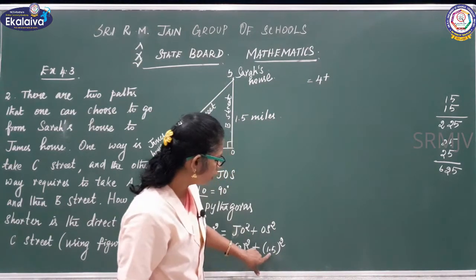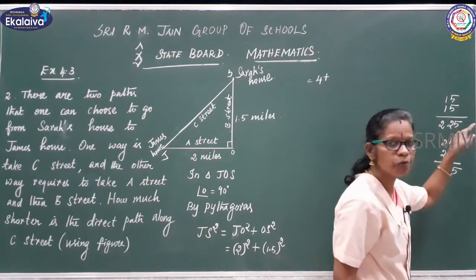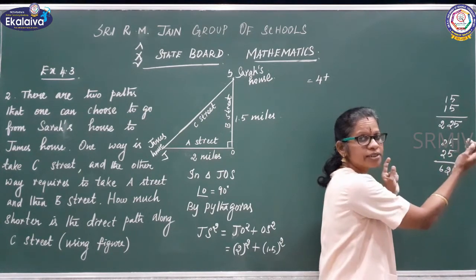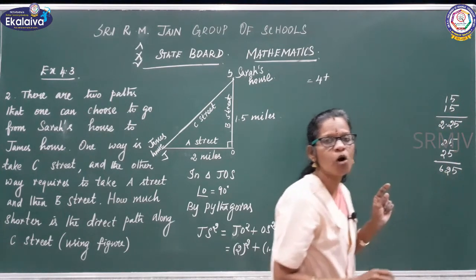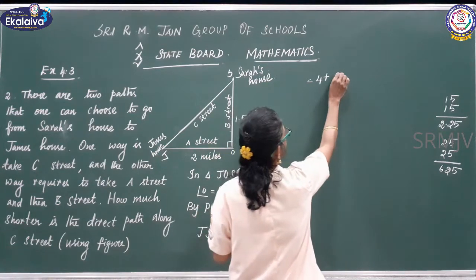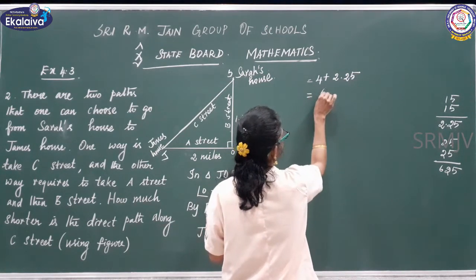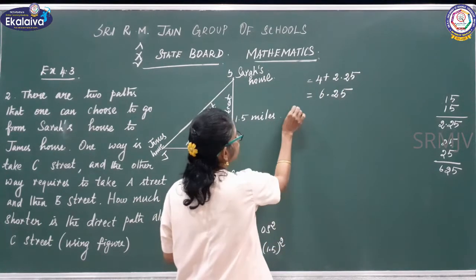Here after the decimal point, 1 digit is there. If you multiply, where do you have to place the decimal? 2 places, right? So, you should move from right to left. 1, 2, your answer is 2.25. 2.25, which is equal to 6.25, right?